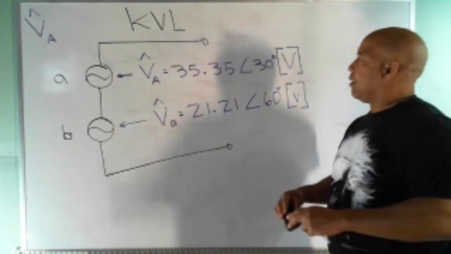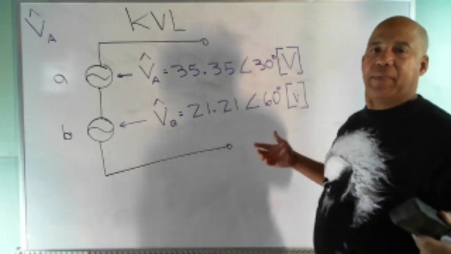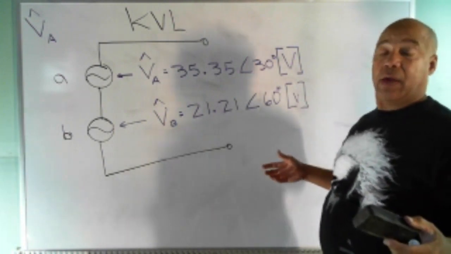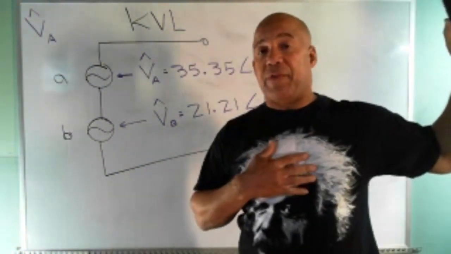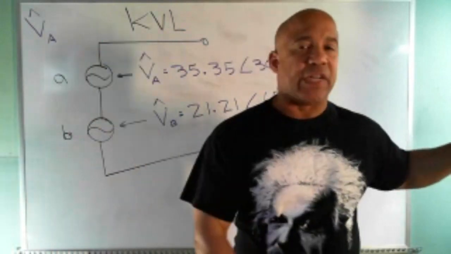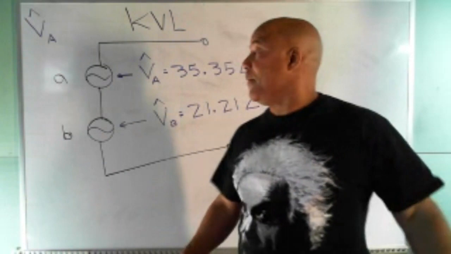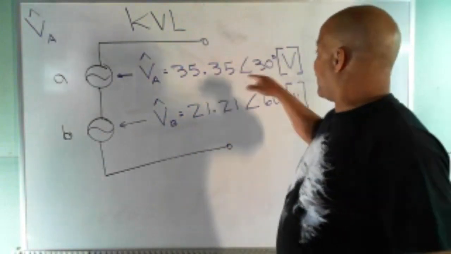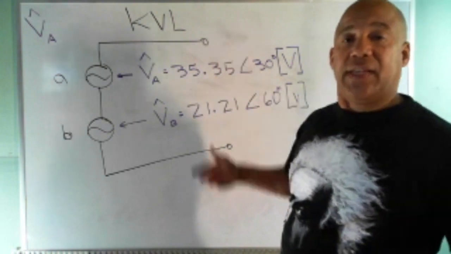Okay, so now what I can do is treat this as if it were DC. Now, what do I mean by treat it as if it were DC? What I mean is anything you did last semester in DC, any of those Thevenin's theorem, superposition, anything we did last semester in DC, we can now do it with AC, because this acts just like a DC equivalent.